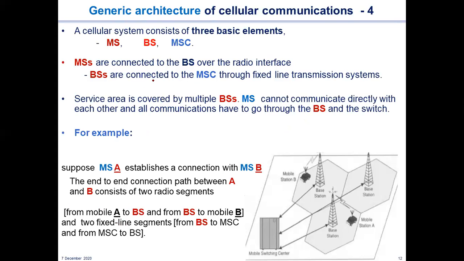The mobile station, this is MS, and this is BS, the base station. Each cell is equipped with a base station at its center.